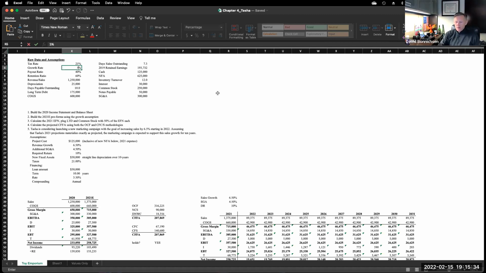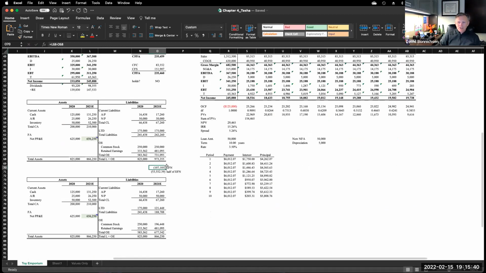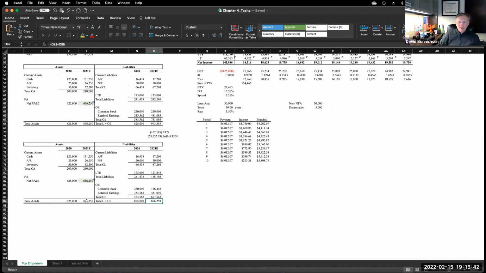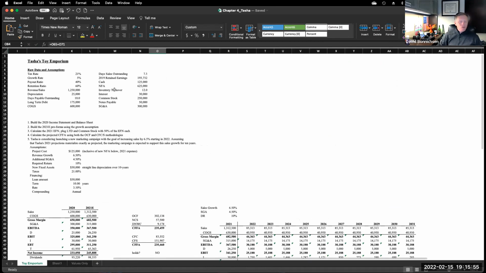So watch. Income statement changes, balance sheet changes, EFN changes. I'm still balanced down here in my final projection. I've got a new EFN. I've got a new half of the EFN, still plugs long-term debt and common stock. But if you've built your Excel file right, it doesn't matter what numbers I give you in here. It's going to flow. Okay. Does that make sense?